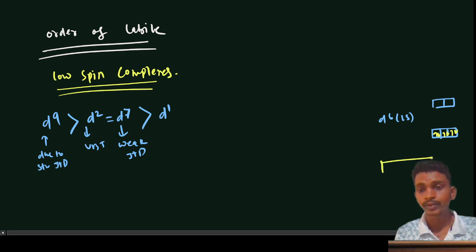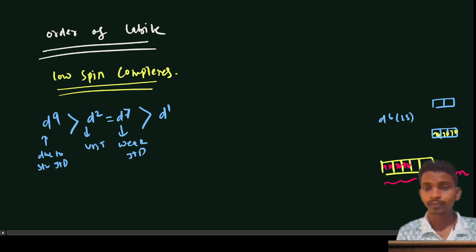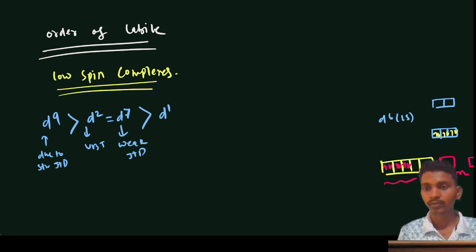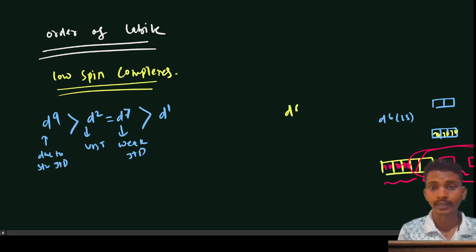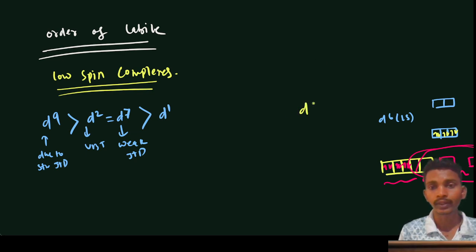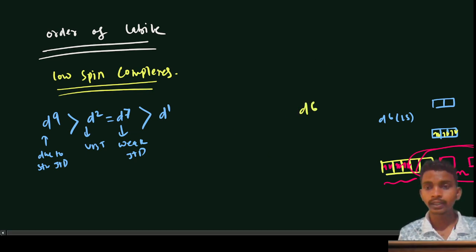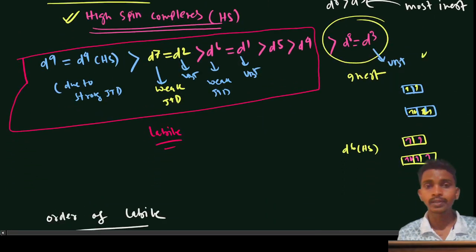They are fully filled, so this is highly inert. So D6 will be highly inert, and compared to D3 and D8, D6 low spin is also highly inert.